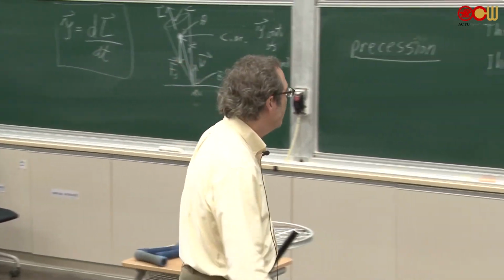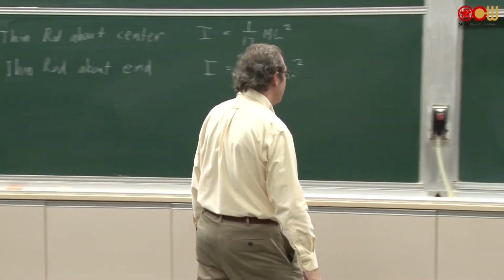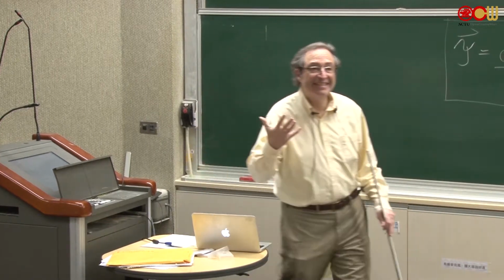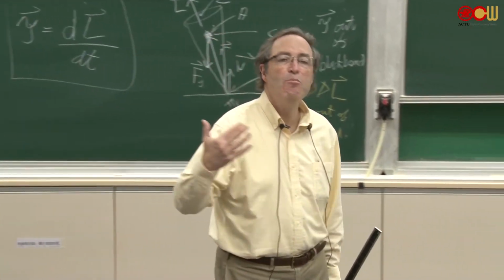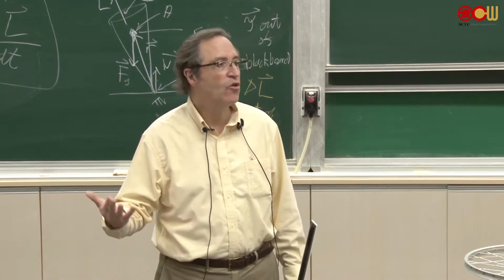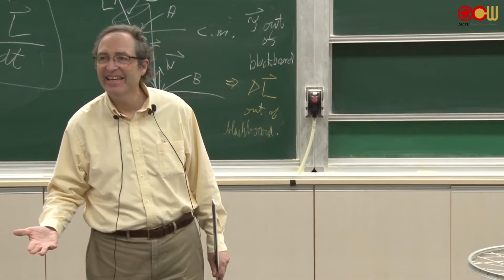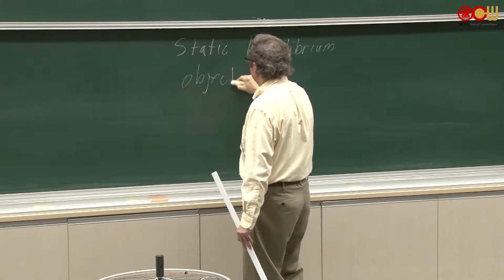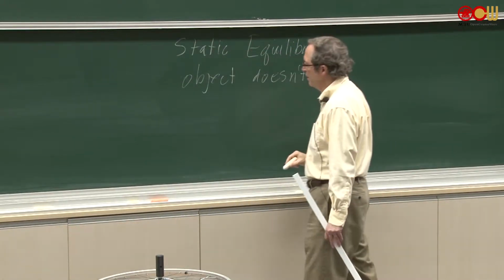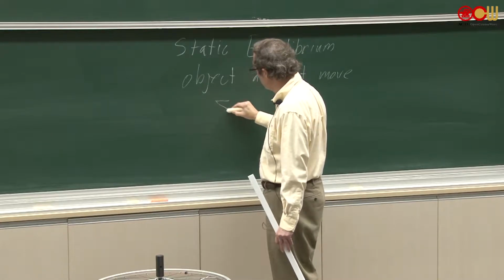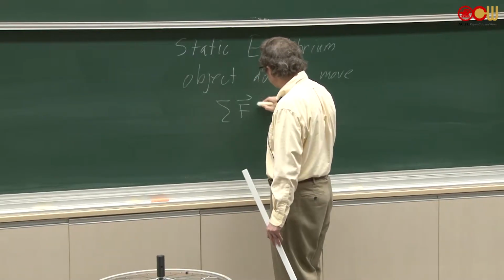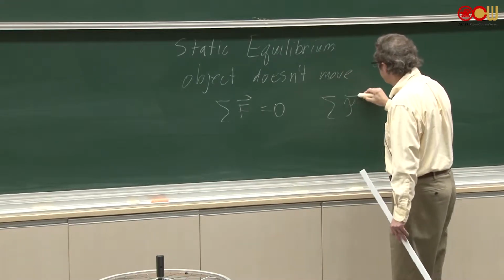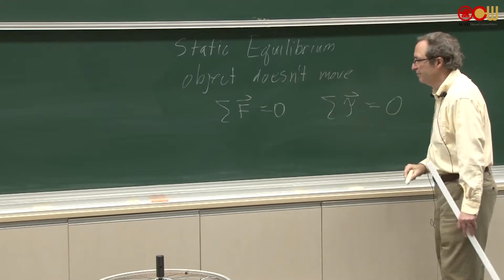All right, so we now have this basic idea. If an object, an extended object, does not move, we call that static equilibrium. So the object doesn't move. All right? And there are two conditions. The sum of all the forces equals 0, and the sum of all the torques equals 0.